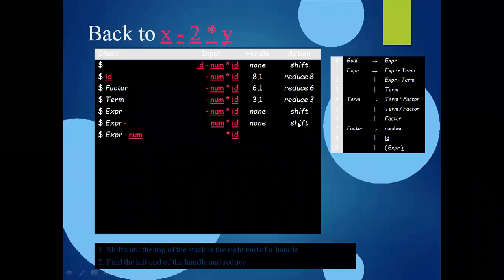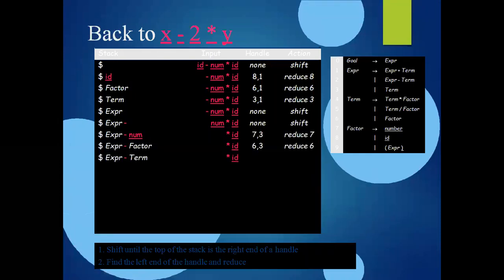So again I am performing the shift operation. I am shifting num. Now my stack contains expression minus num. If I replace the terminal with the variables, then I can get expression minus term, where we have rule number 2. So to get this, I am performing a reduce operation.